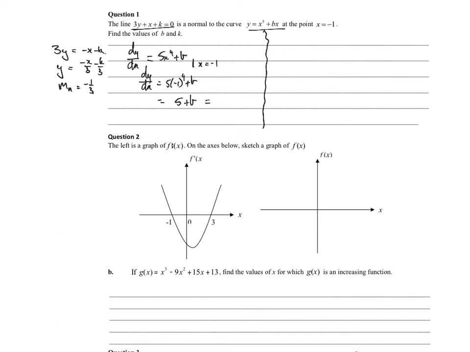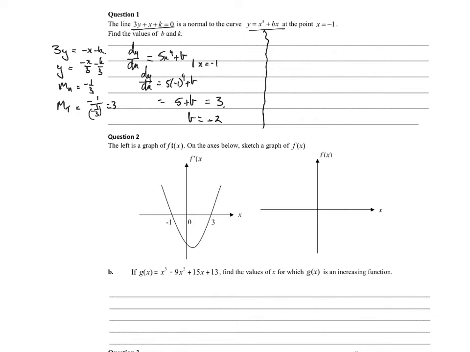that's the gradient of the tangent, isn't it, at that point there? So the gradient of my tangent, mt, has to be equal to -1 over minus 1/3, which is equal to 3. So that 5 plus b has to be equal to 3. So b is equal to -2. All right. So remember, the derivative gives me the gradient of the tangent line everywhere.